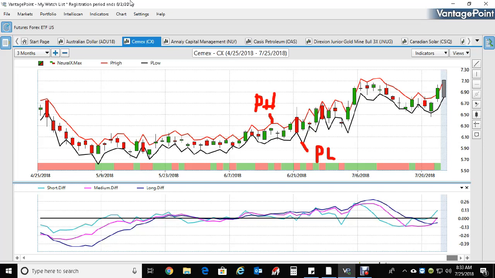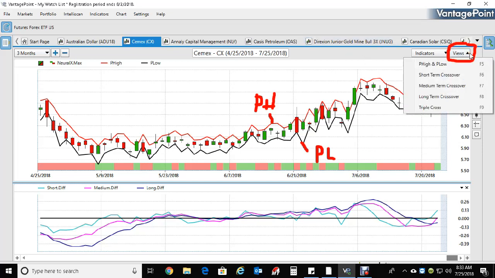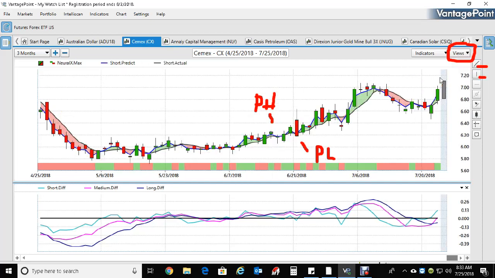Where did you click? I went to views. Come over here, click on views, then you'll see predicted high, or you can click on your keyboard F5. And then we have the short-term crossover, which is F6, the medium-term crossover. Is the short-term crossover what we normally see, right?